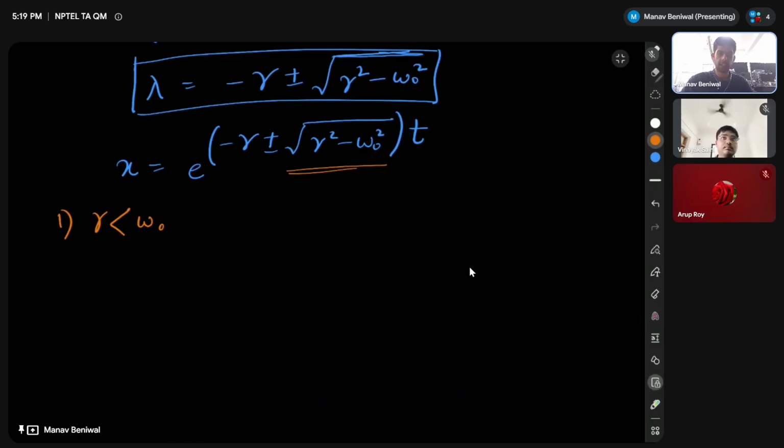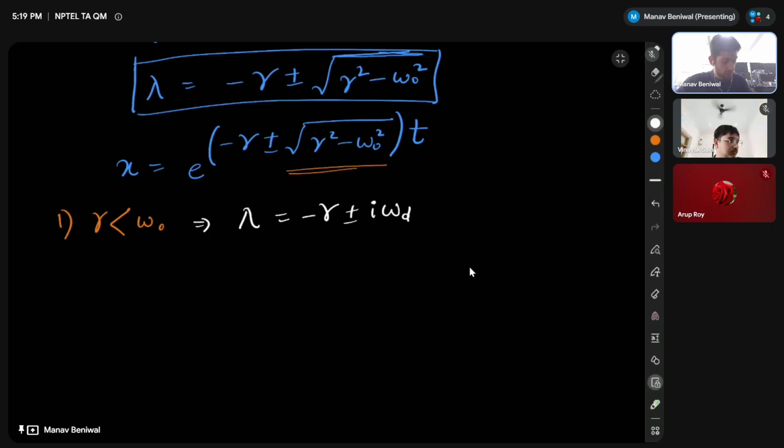And when we take the square root of that negative number, we'll get some imaginary quantity, right? Because this term is negative, our lambda will be minus gamma plus minus i times some frequency omega d, where omega d is real.